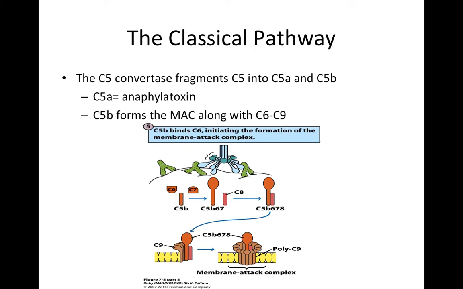It associates with C6, which will activate C7 and then C8 and C9, and they all come together to form a complex that punches holes into the membrane of the invading pathogen cell and eventually causes it to die.